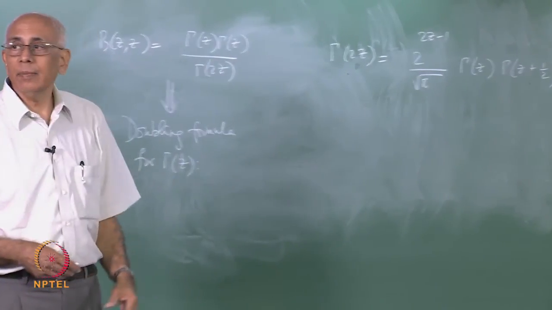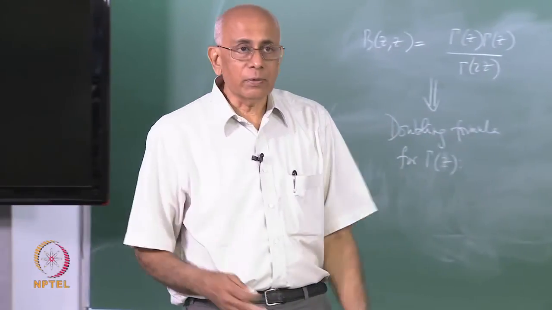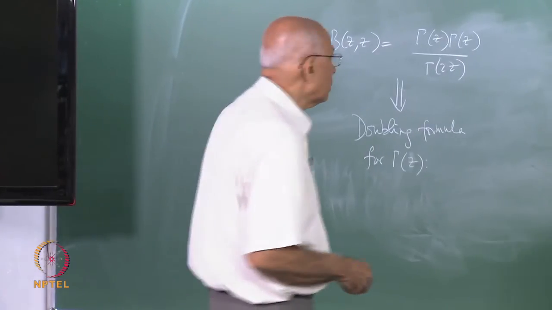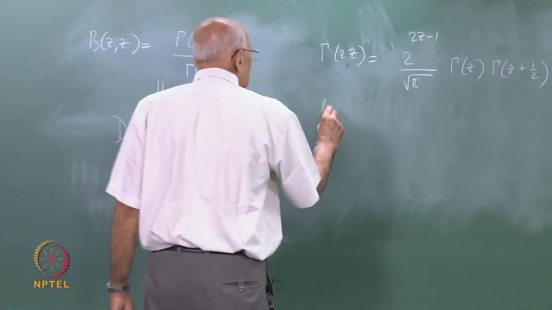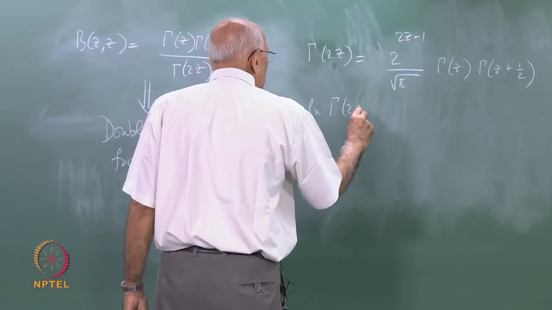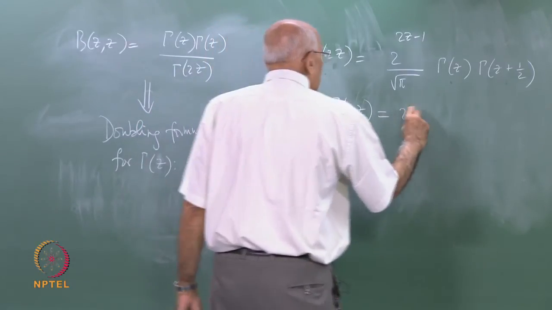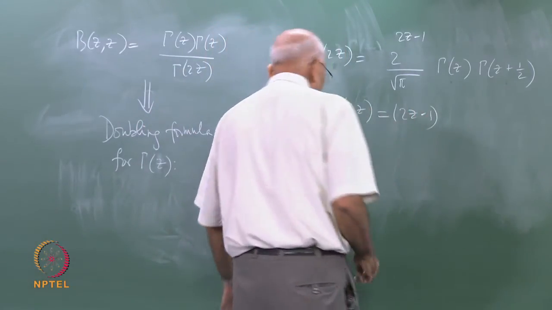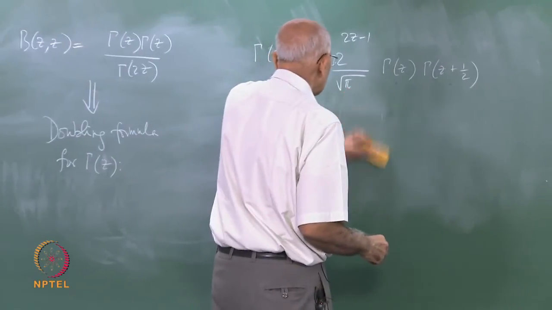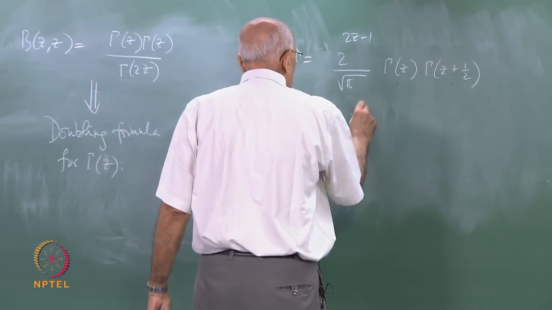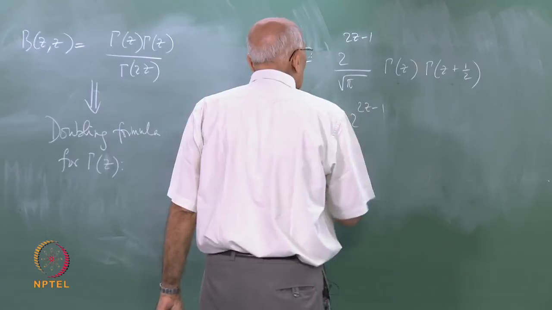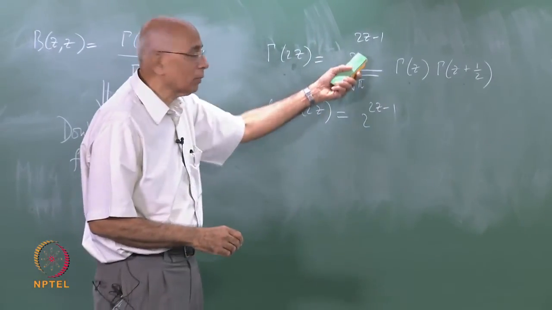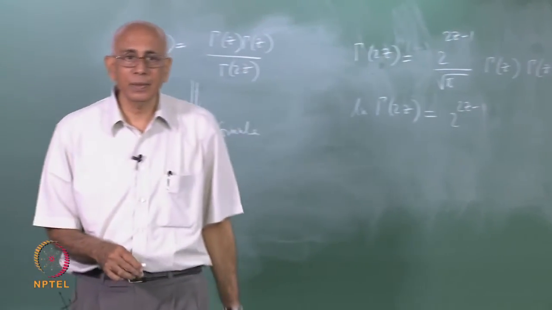Again, you can play the same game. You can take log derivatives on both sides. So, you take logs on both sides, you get log gamma of 2z equal to 2z minus 1 times what? I differentiate this with respect to z, what do I get?